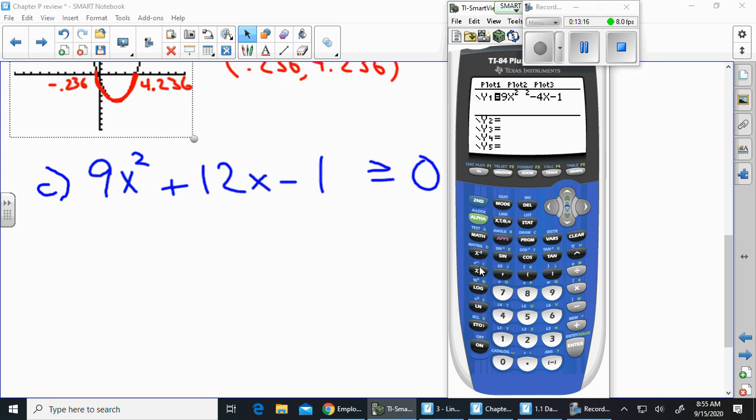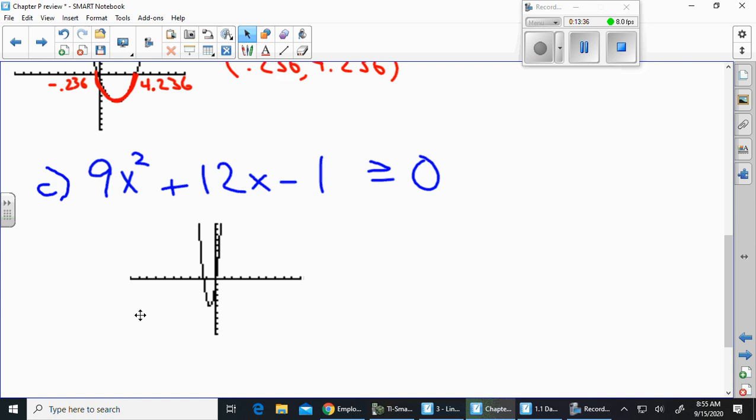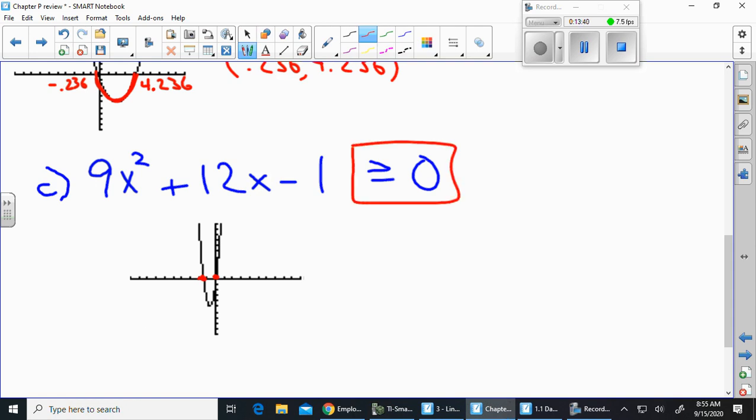9x squared plus 12x minus 1. I would have to find those zeros, and I'm not going to do this, but you find these two zeros. When is it above? Because greater than, it's two separate parts, two inequalities.